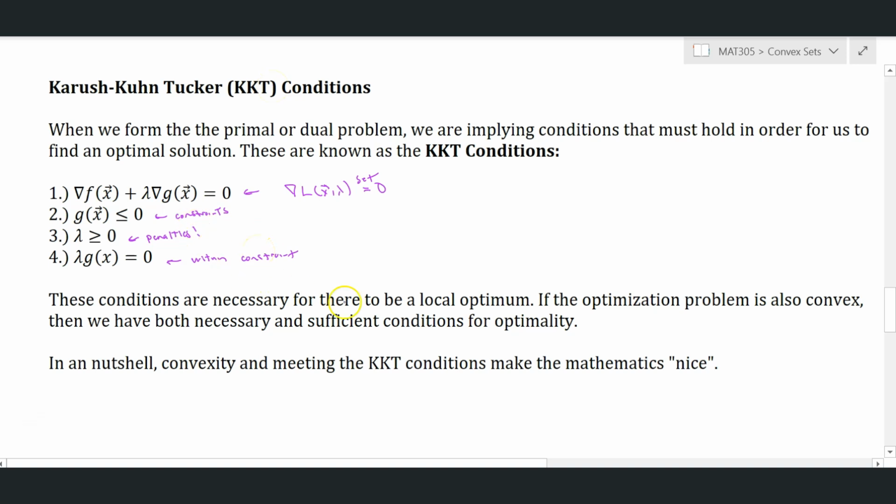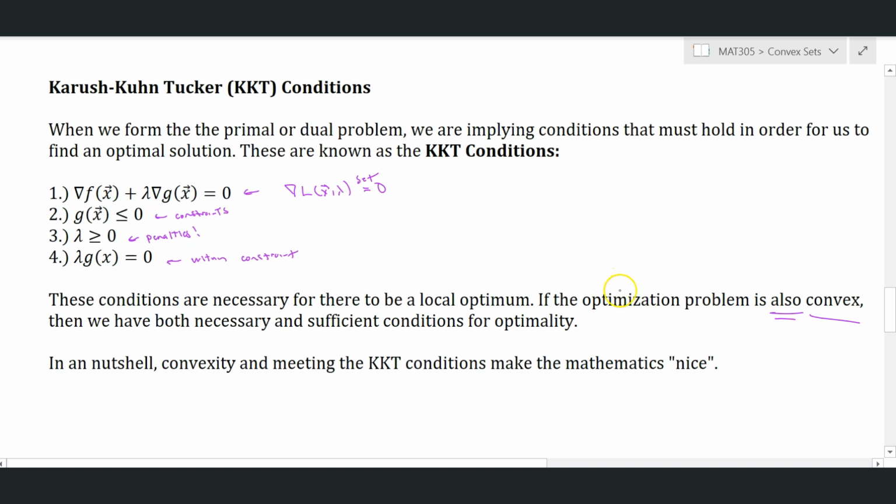And these conditions are necessary for there to be a local optimum. But are they adequate? Is it enough? Well, no. If the optimization problem is also convex, then we have the necessary conditions and sufficient conditions. Sufficient means we have enough to guarantee optimality if that set or that problem is also convex.